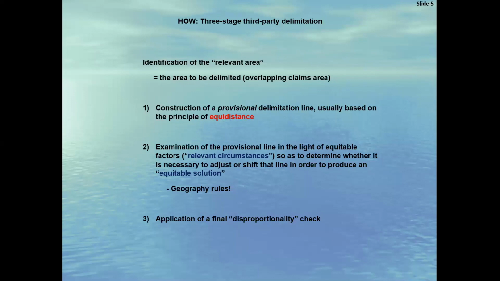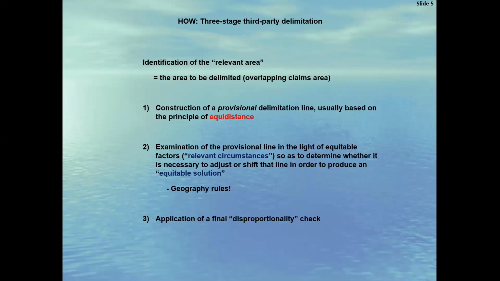Then the court will establish a provisional line, typically but not always, by drawing an equidistance line between adjacent coasts, as in this case, or a median line between opposite coasts. And the point really is typically not how to draw the line, but where to draw the line from. That is, what is the land terminus point? And we'll get to that in the presentation.